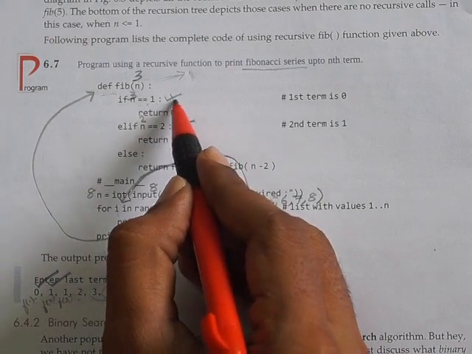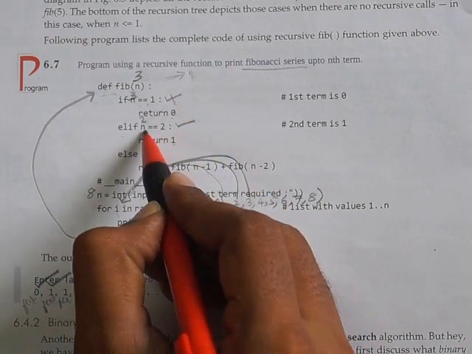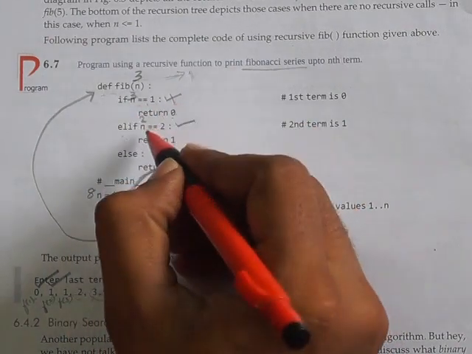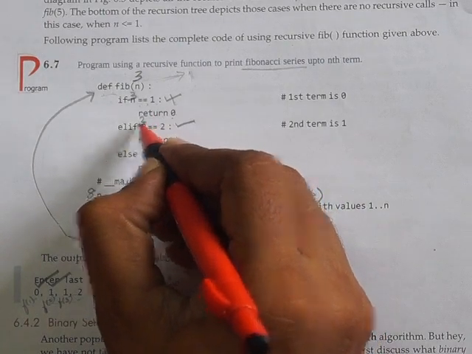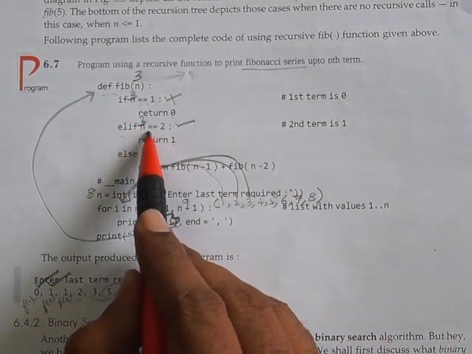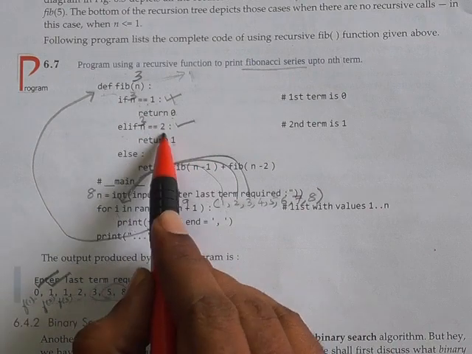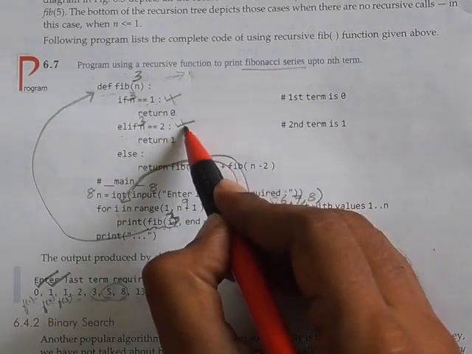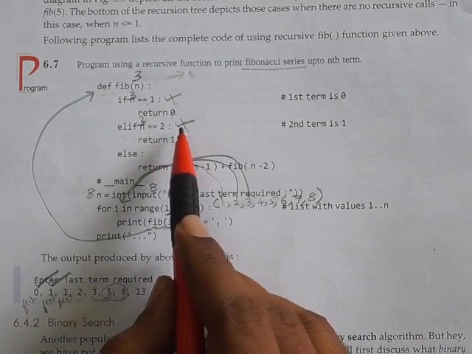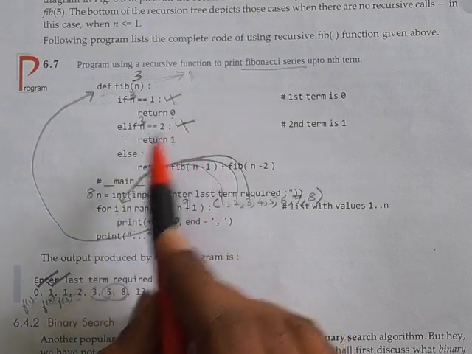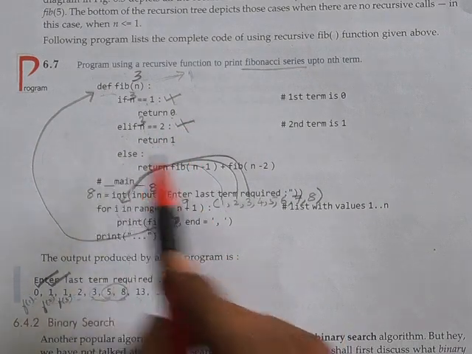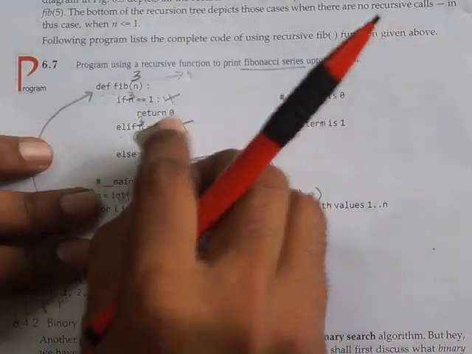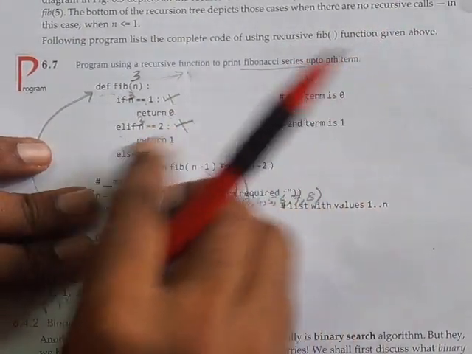So because of false, it comes here. elif n, the n value is now 3. So 3 is equal to 2. This condition is, of course, false. Because of this false condition, it will come to the else statement. So now what it will do, I will say.